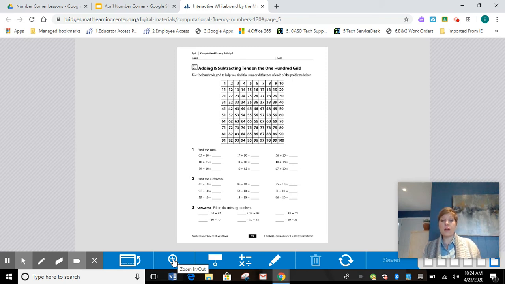So if you're having a hard time writing on it, or typing in your answers, you could write the equations on a different piece of paper, and then in the end, just take a picture of that piece of paper with your answers. That would make it a little easier for those of you who are having a hard time using the pen feature, or you think it might be too hard to add that many text boxes. It would be okay to rewrite it on a different piece of paper.